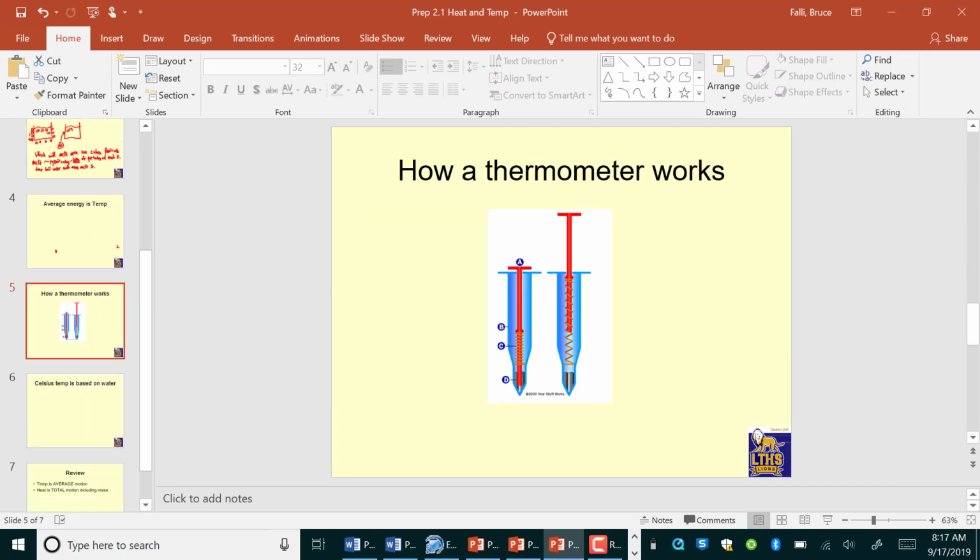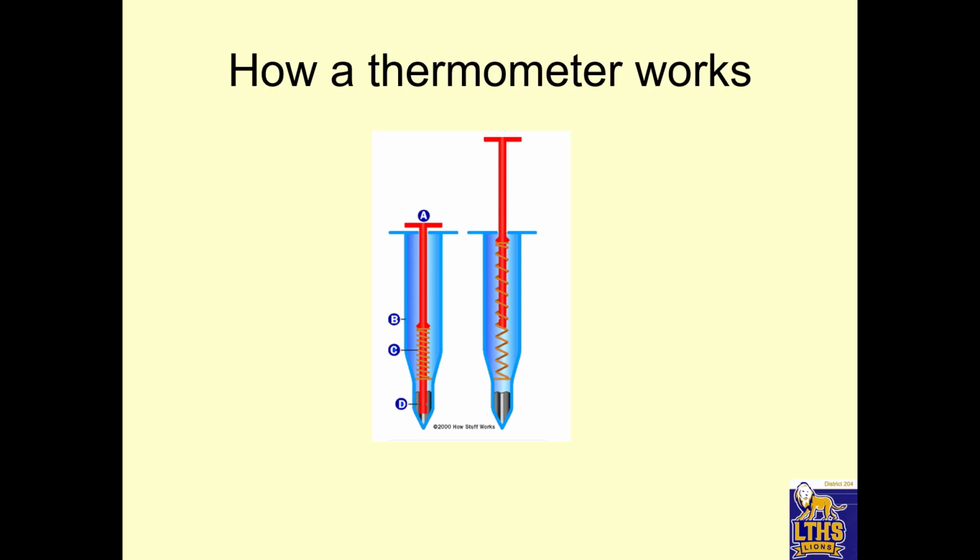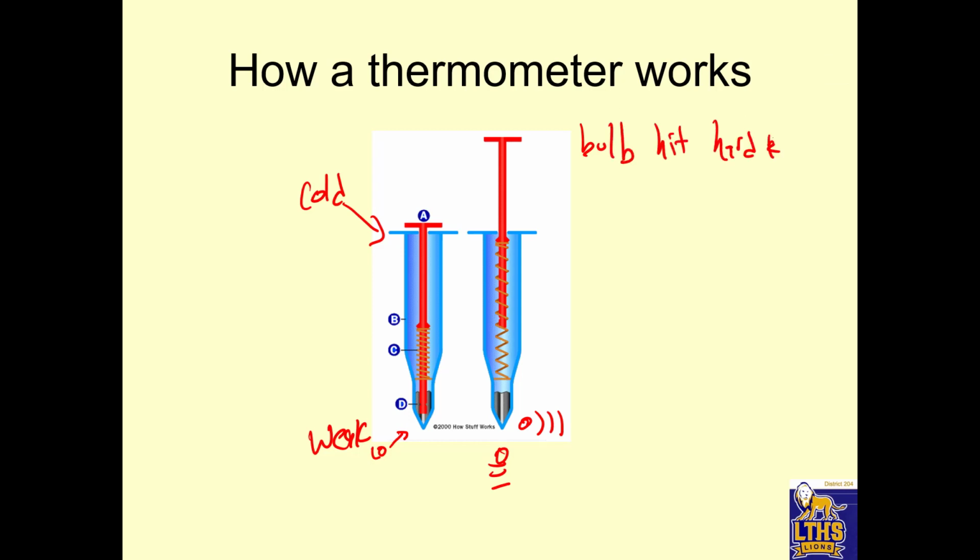All right, so how does a thermometer work? This is basically my cheesy thermometer. If this is cold, I have a few particles, so they have weak hits. Weak hits, it doesn't push it up very high. But if I have high hits, the bulb is hit hard and moves the liquid.